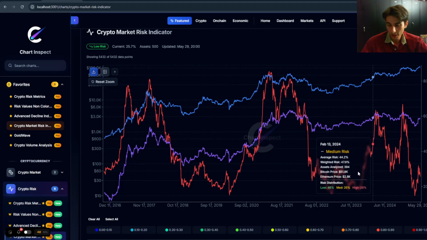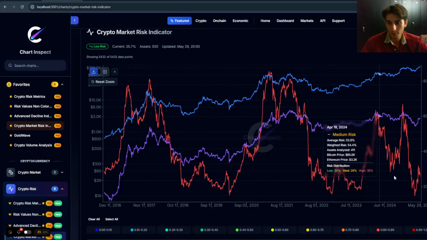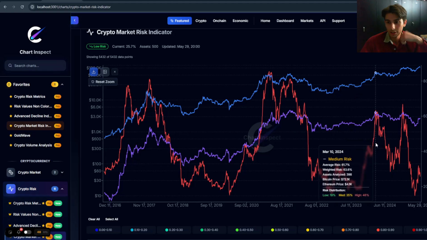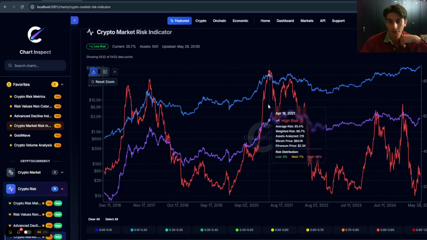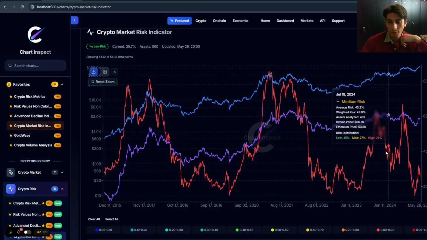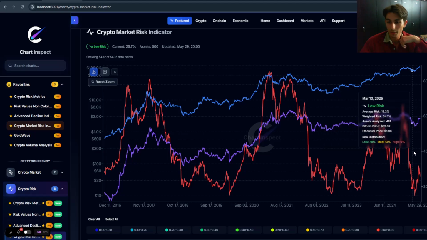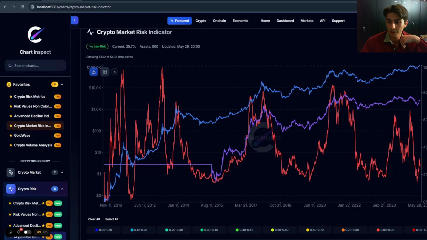Similarly, this cycle, although Ethereum has been bleeding against Bitcoin, you can see that these risk values have been muted compared to prior cycles because Ethereum's been essentially bleeding against Bitcoin this entire time. And only now have we seen Ethereum bottom against Bitcoin on its Bitcoin pair.